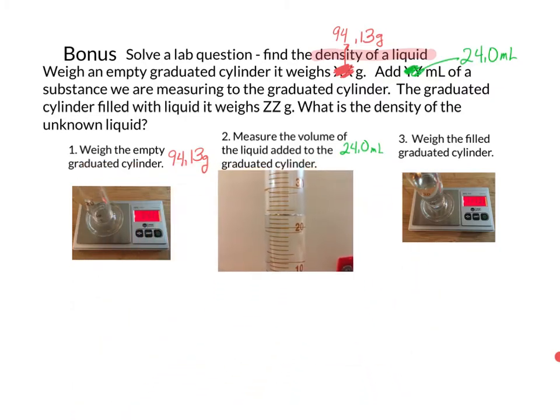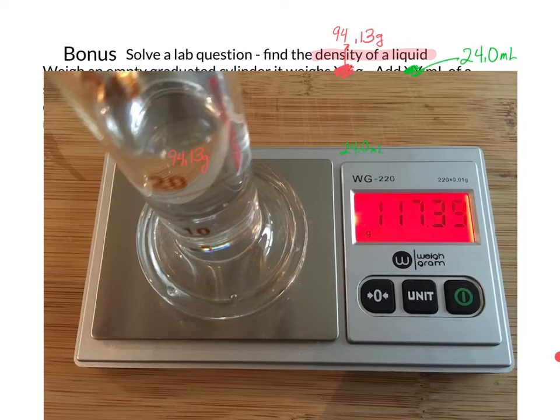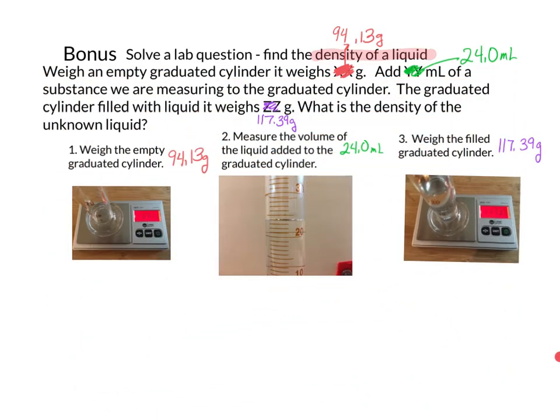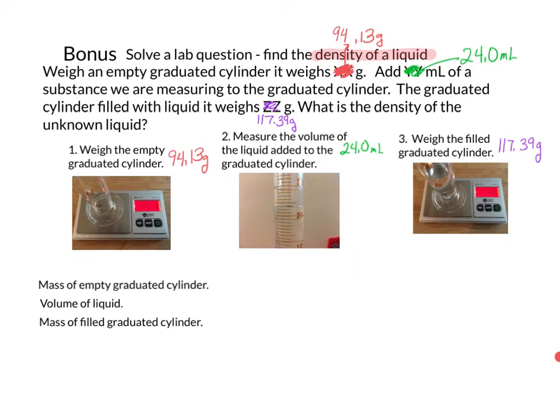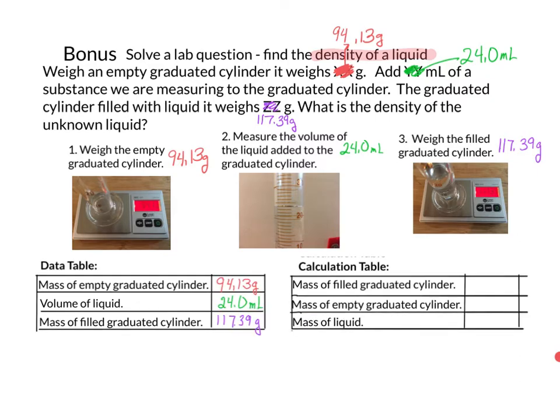And finally, we'll weigh the filled graduated cylinder, and in this case we see that it is 117.39 grams. Now, let's find the mass of that liquid. By subtracting the empty cylinder from the filled cylinder, we will find just the mass of the liquid. The mass of our filled cylinder was 117.35 grams.